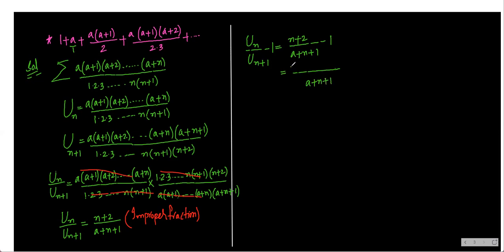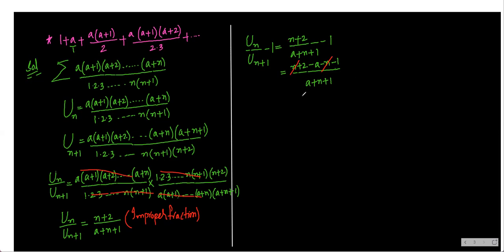So what happened here? n plus 2, and if you multiply with the minus sign, minus a minus n minus 1. How many terms are cancelled again? Only plus n and minus n cancel.